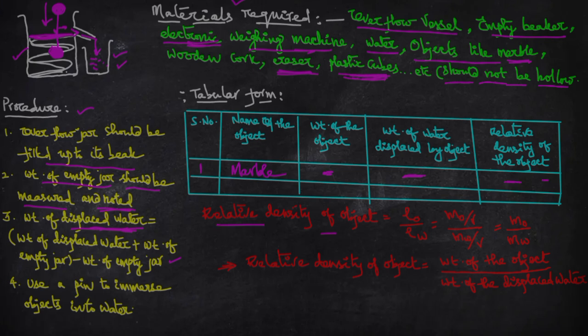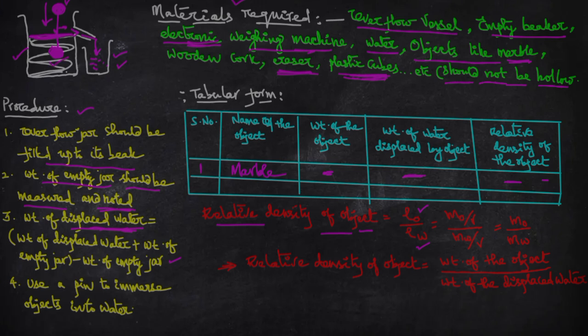This is the formula to find out the relative density of an object. Relative density of an object is the comparison of its density with water. So this is the density of the object by the density of water. As the volume is unknown, here we make the volumes equal, meaning the volume of the object and the volume of water are made equal.